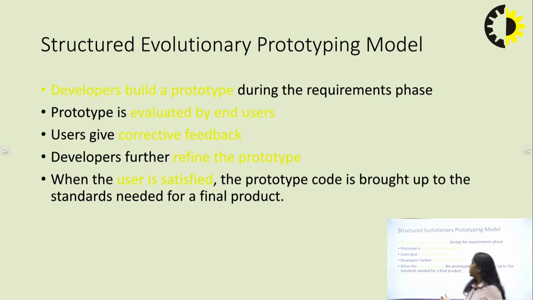The developer further refines the prototype, making the requirements taken from the customer corrective. Finally, when the user is completely satisfied that yes, this will be my end product after passing the prototype, only then does the developer start producing the end product or the actual system.